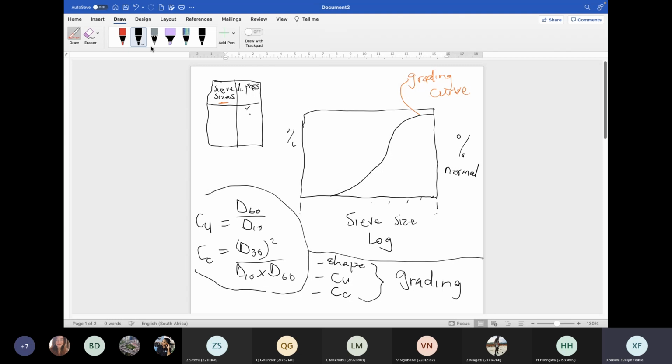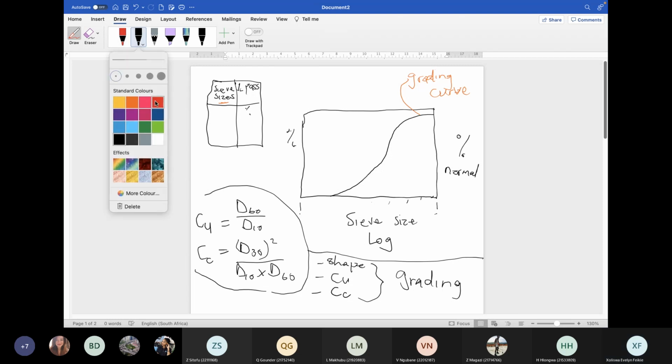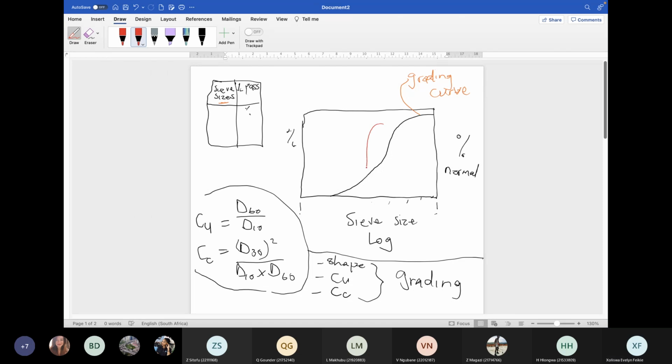If you had a shape like this, in terms of what is represented, it is only from here to there. So it means that there are limitations because you are only here in terms of sizes.